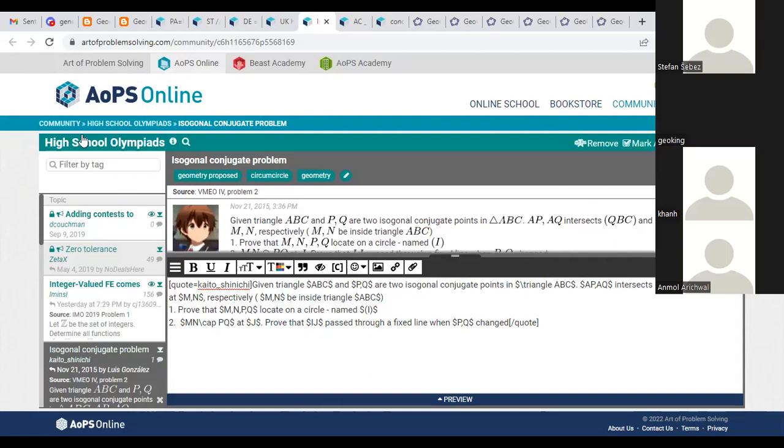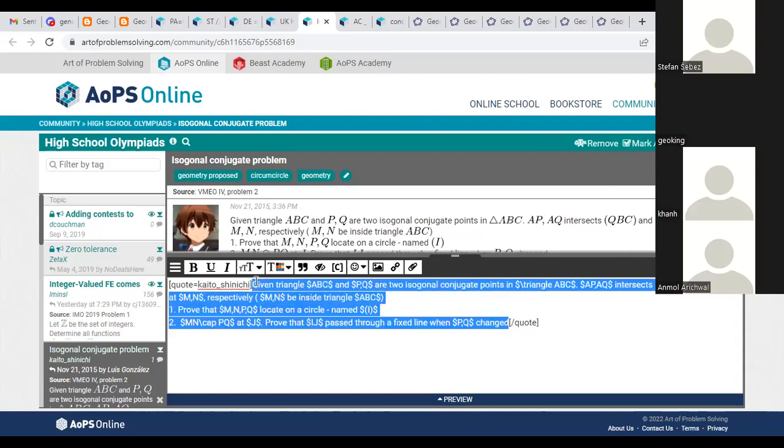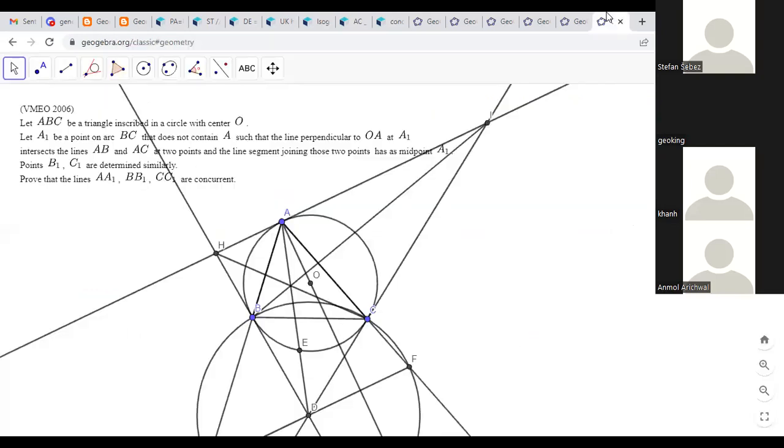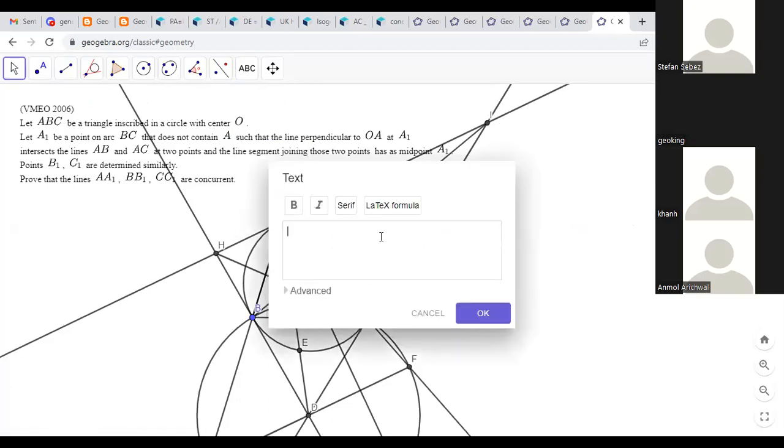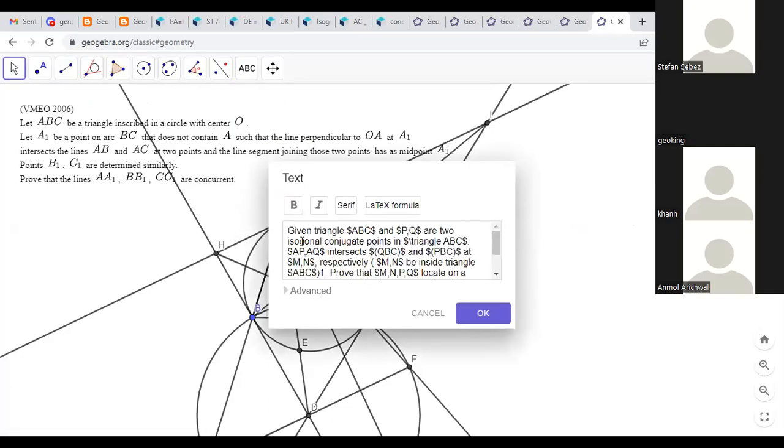So yeah. Maybe I'll just copy it into the GeoGebra, and then if you guys want, you can just try it after the session. So let's see. Oh, I think these kind of problems are hard.